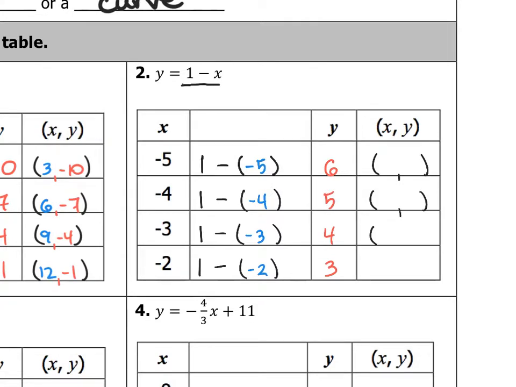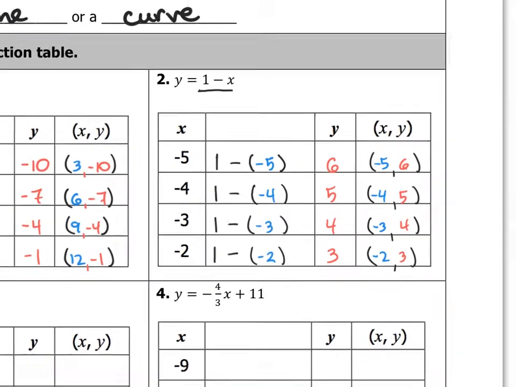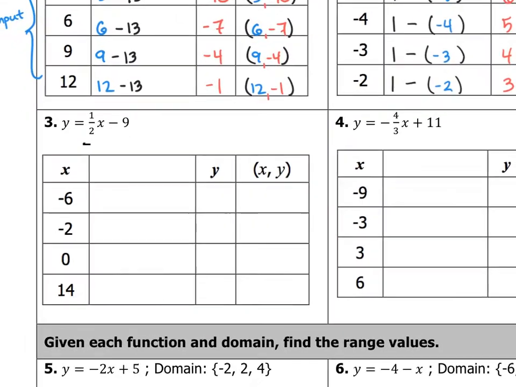So my 4 ordered pairs for this table are -5, 6, -4, 5, -3, 4, and -2, 3. All right, let's try number 3.